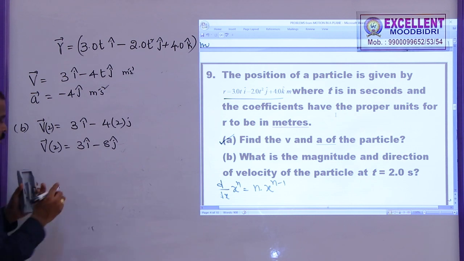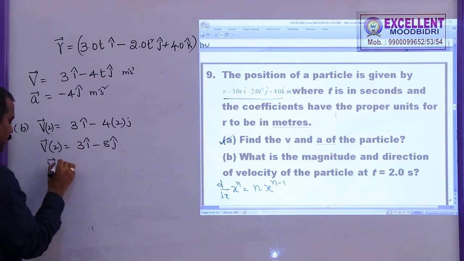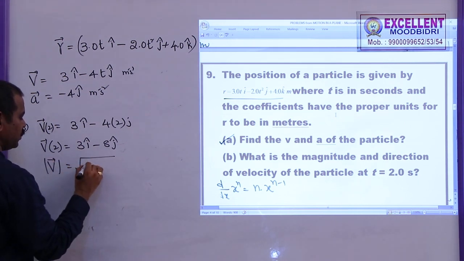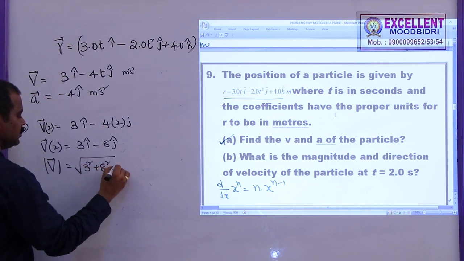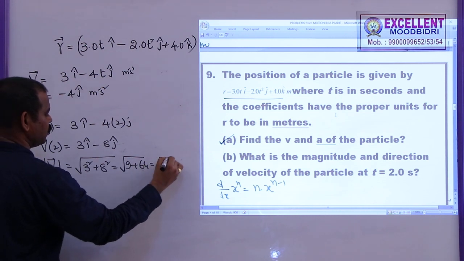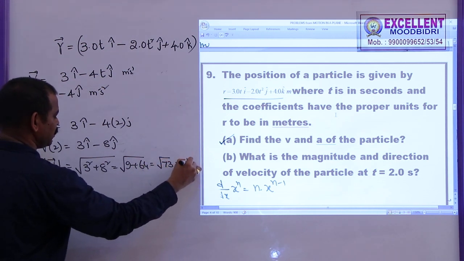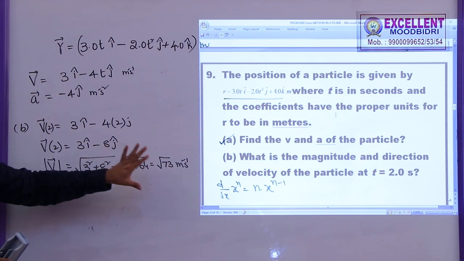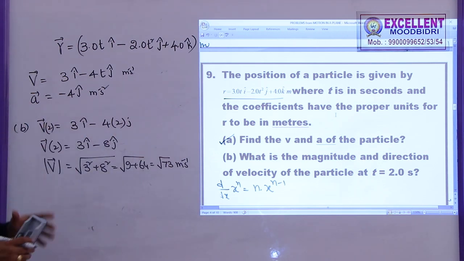This is the velocity vector. What is the magnitude of this velocity vector? It is root over 3 square plus 8 square, which is 9 plus 64, root 73 meter per second. So this is the magnitude of velocity, but what is the direction of velocity?